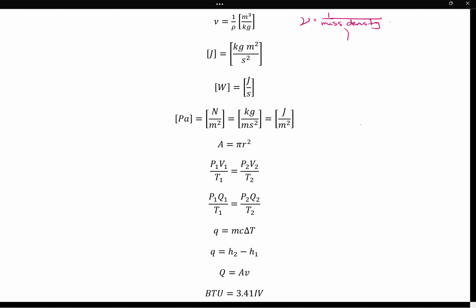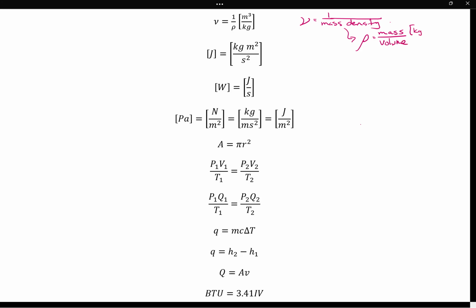And mass density is the amount of mass something has, or how heavy it is in kilograms per volume of meters cubed of that material. Mass per volume.